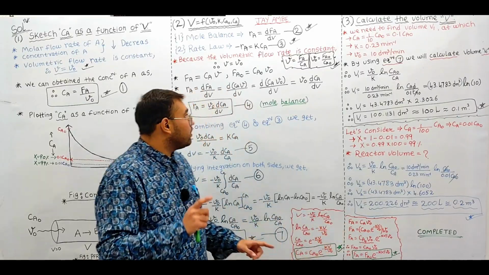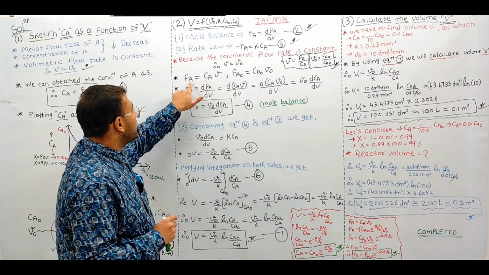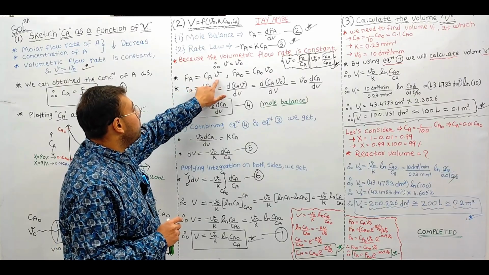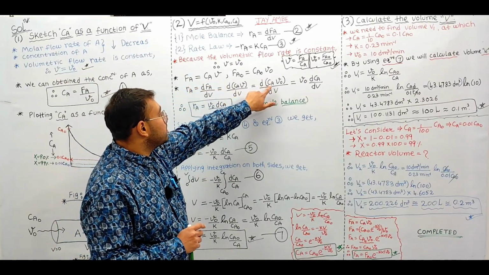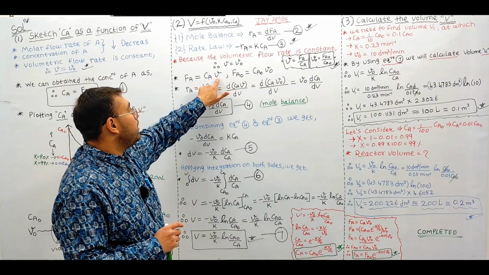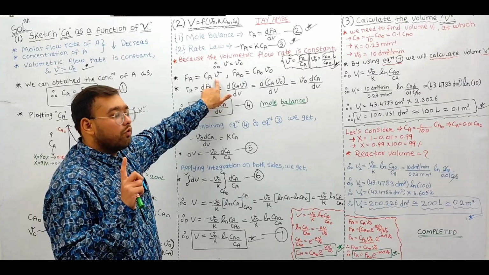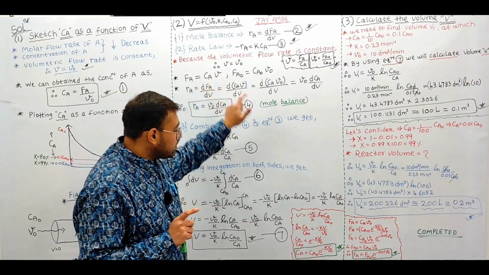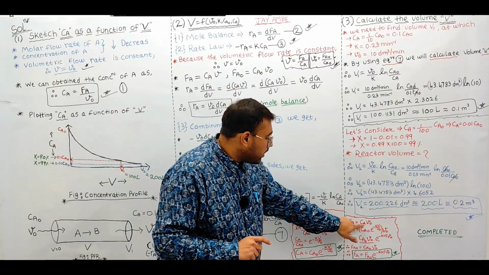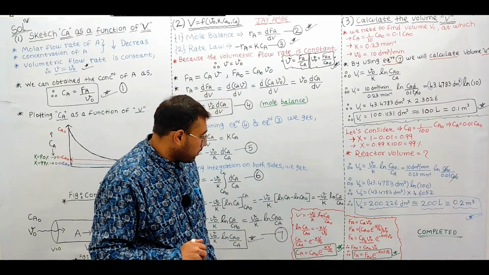So let's use the molar flow rate Fa, which is equal to Ca into nu. Here we can replace nu by nu naught because we have the same constant volumetric flow rate, right? So for those reasons we can write Fa is equivalent to Ca into nu naught, okay.